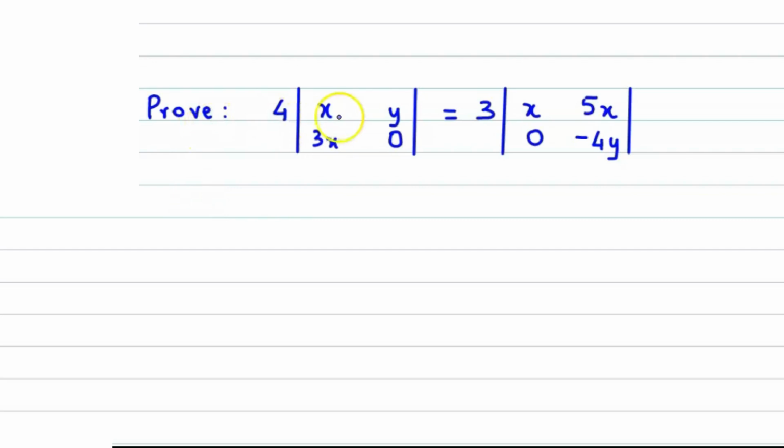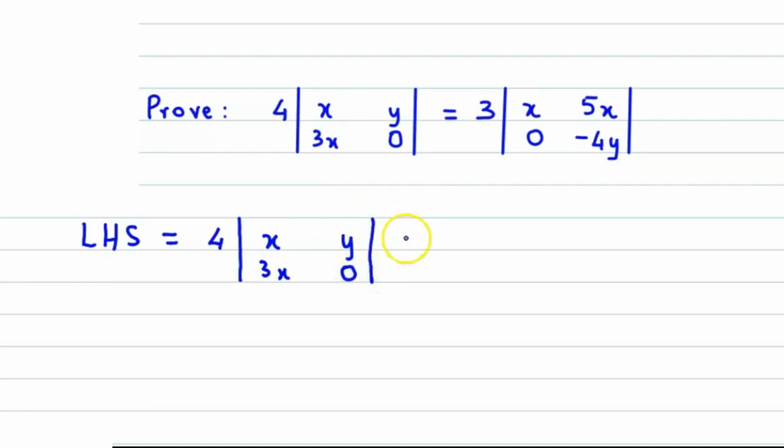Prove that 4 times the determinant of x, y, 3x, 0 is equal to 3 times the determinant of x, 5x, 0, minus 4y. So let us first obtain the left hand side. The left hand side is 4 times the determinant of x, y, 3x, 0.